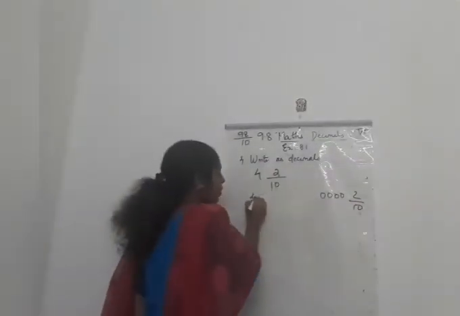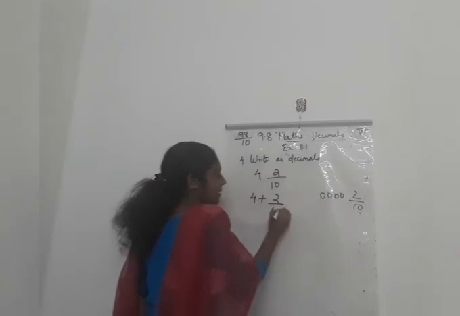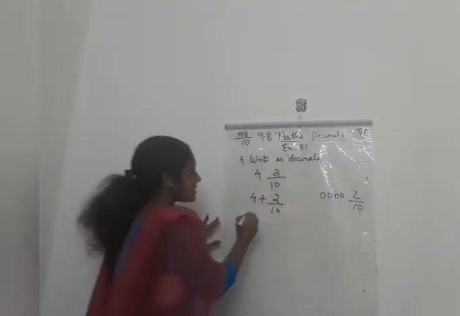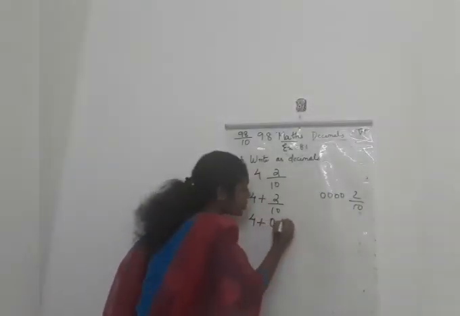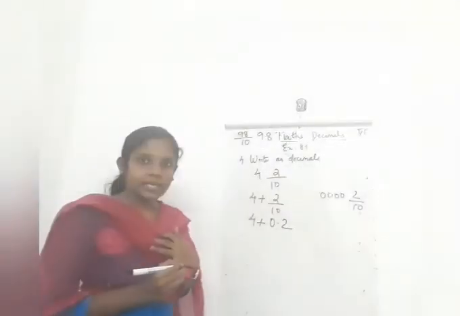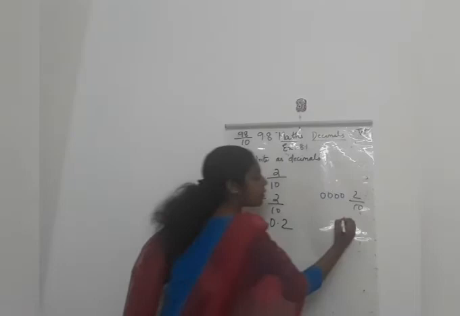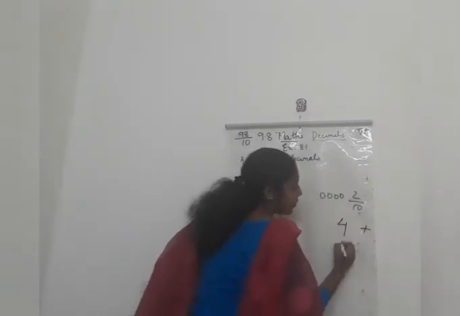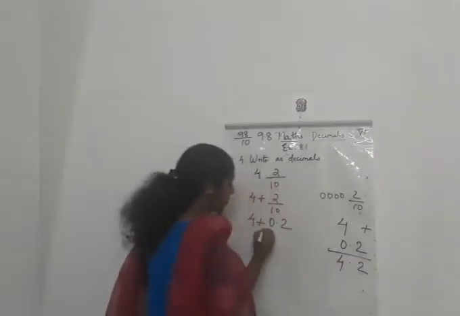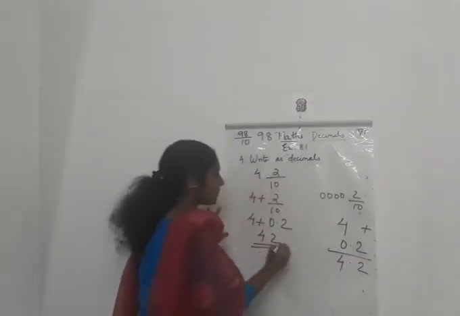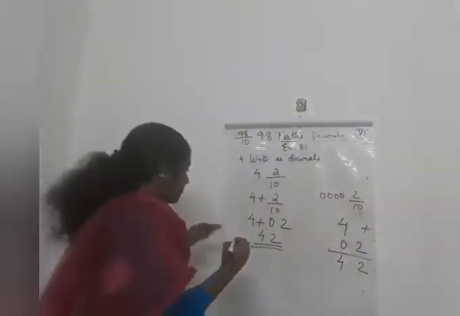So that is 4 plus 2 by 10. 2 by 10 is 0.2. So 4 plus 0.2. What is the answer? 4.2.